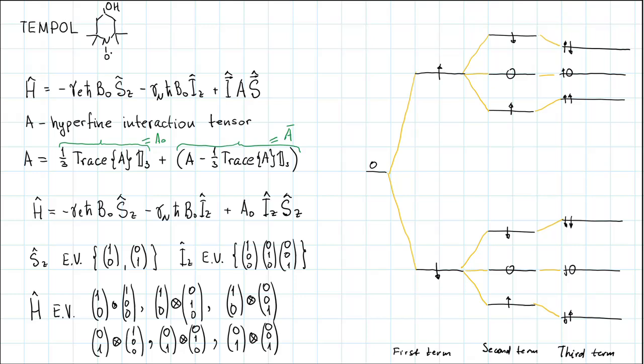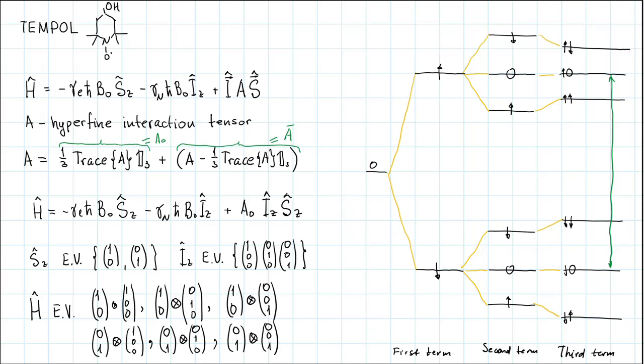The first corresponds to the flip of the electron spin when the nitrogen nuclear spin projection value is equal to 0. It is drawn by this green line. The second line corresponds to the electron spin flip when the nitrogen nuclear spin projection is equal to -1.